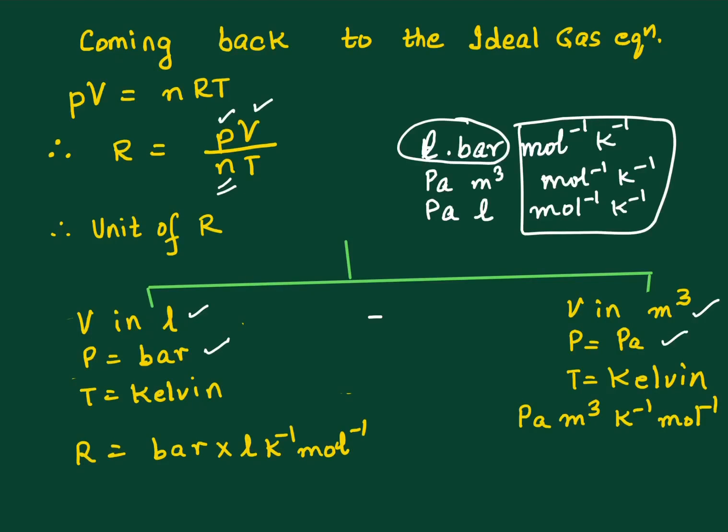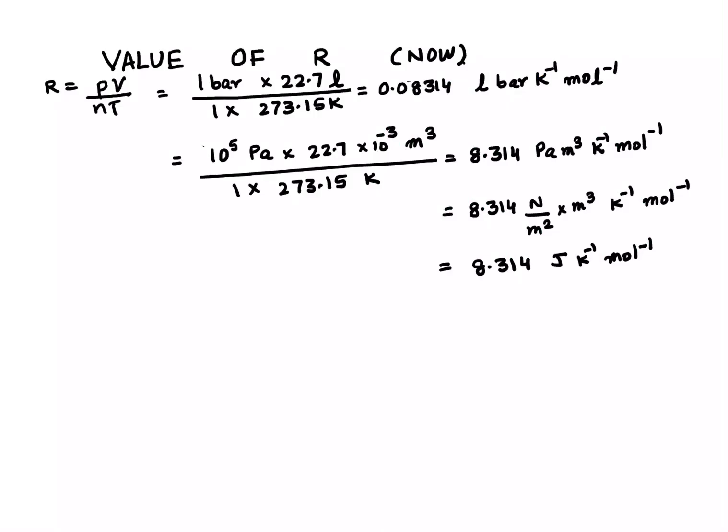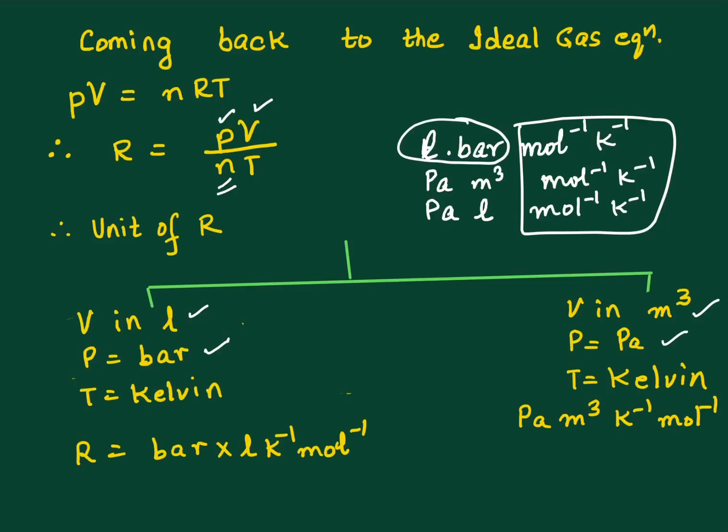Now, let's find out its value. By the way, I hope you are again noting down what we've done over here. This will come in very, very useful just in case there is a confusion. Although I am very confident that if you understand, you won't forget, you can always refer to this material that you are noting down.